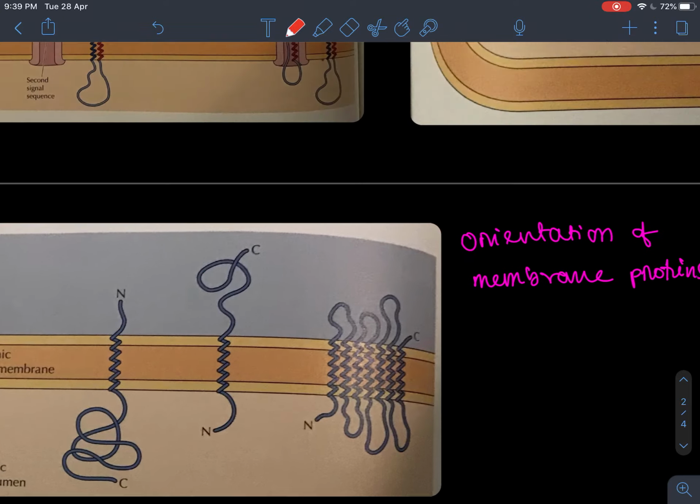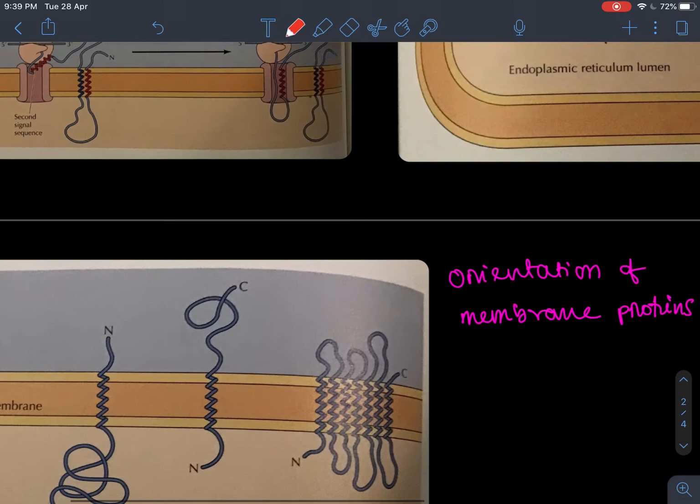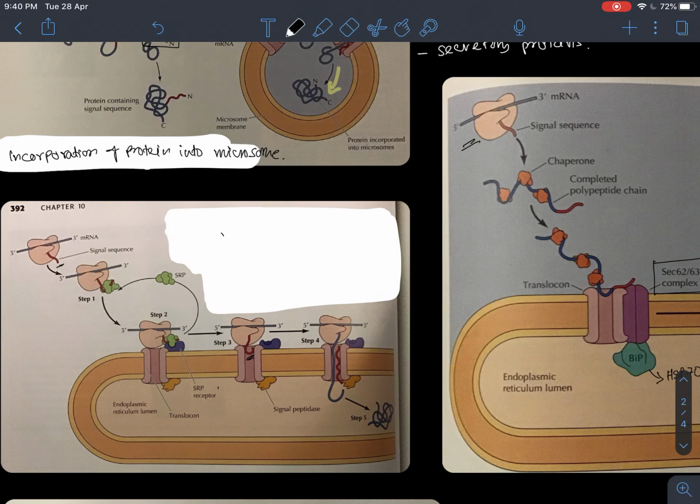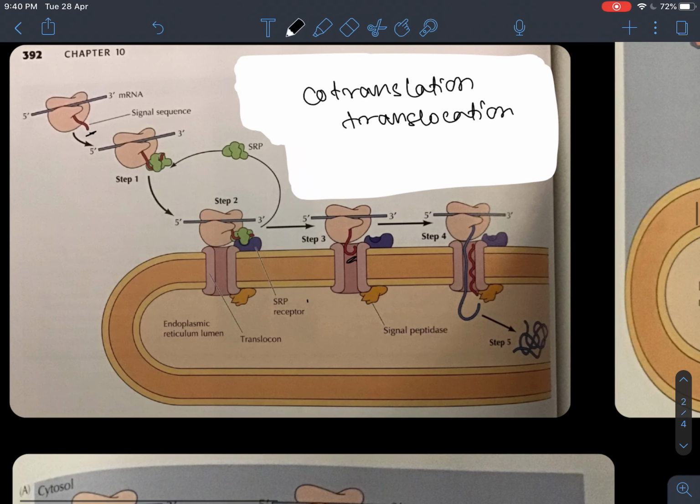Okay, now let's go back to our topic. Here we are talking about co-translational translocation. That means the translocation is going on when the peptide synthesis is not completed.